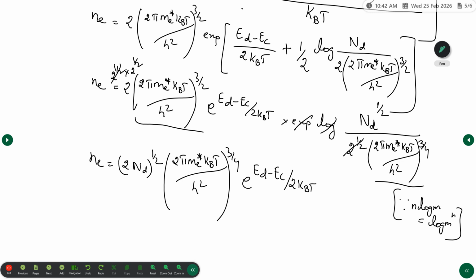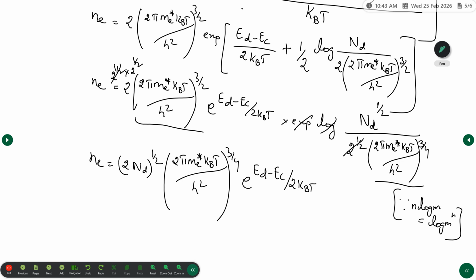Okay, so ED minus EC. ED is the donor energy level that is situated just below the conduction band energy. The energy between ED and EC is called ionization energy, if you want to move that electron from the donor energy to the conduction band energy. So EC minus ED would be correct, but here it is reversed, ED minus EC.